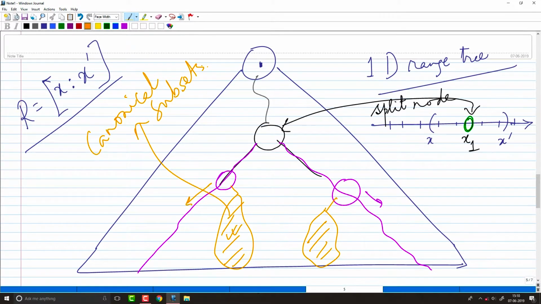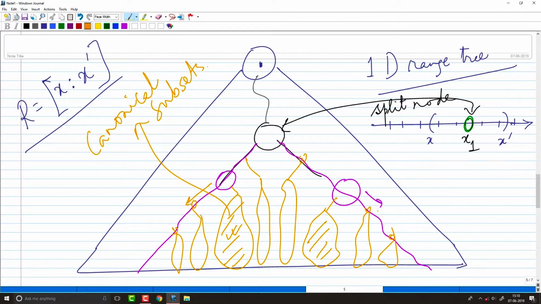So, there will be many such canonical subsets, no? For each node there will be some. How many? Per level there can be how many? Come on, there can be at most 2, no?